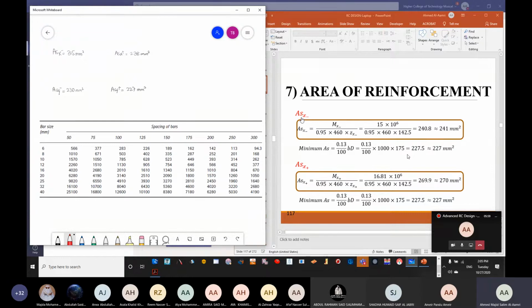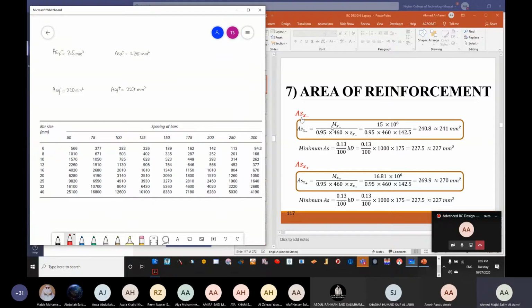So based on the value of M, you see here, ASX negative, ASX positive, based on the M value, we calculated the AS. So that is the minimum required area of reinforcement to resist the value of bending moment. Are we okay? So whatever we have calculated is the minimum required reinforcement to resist the bending moment.